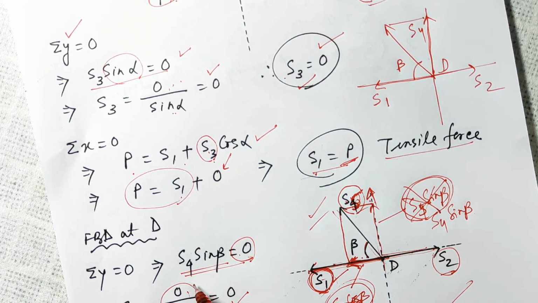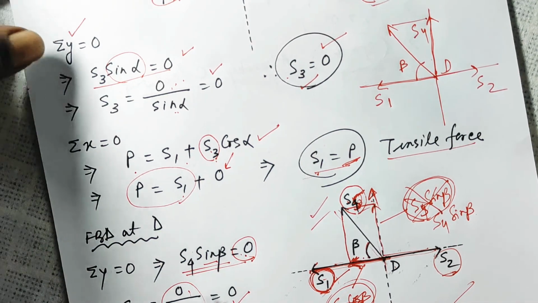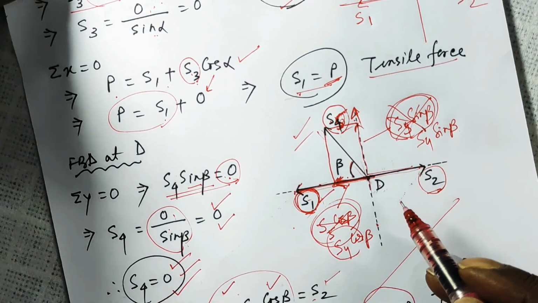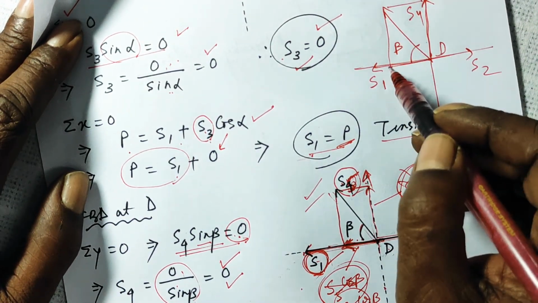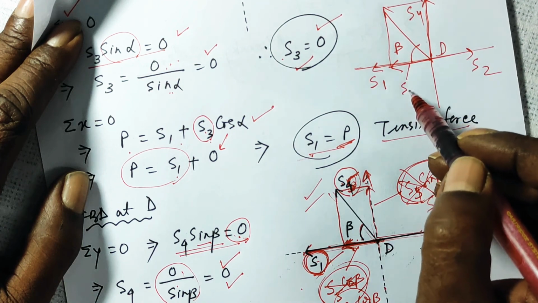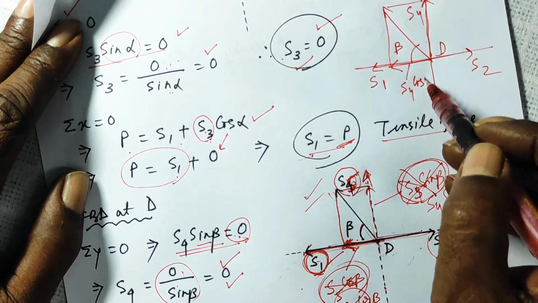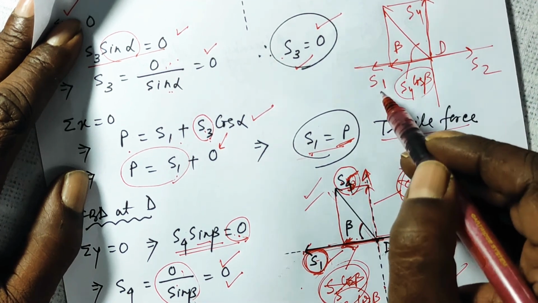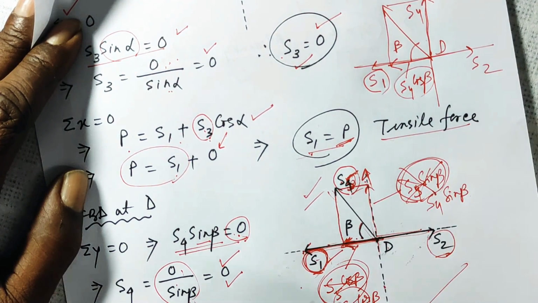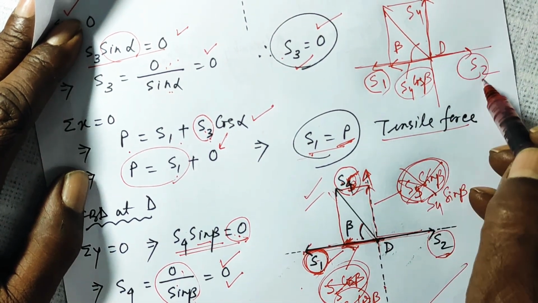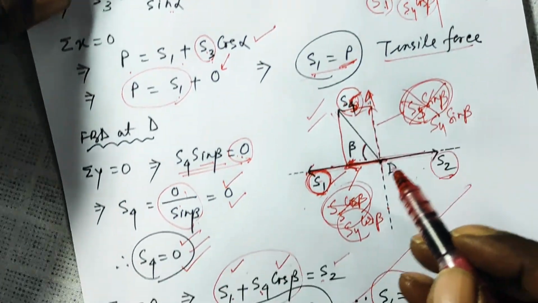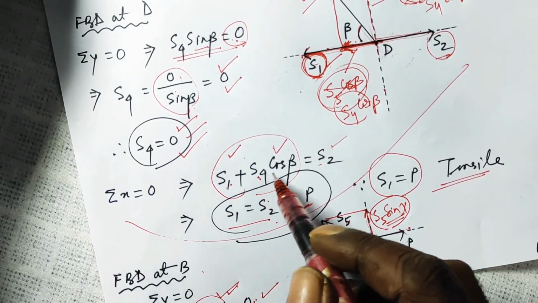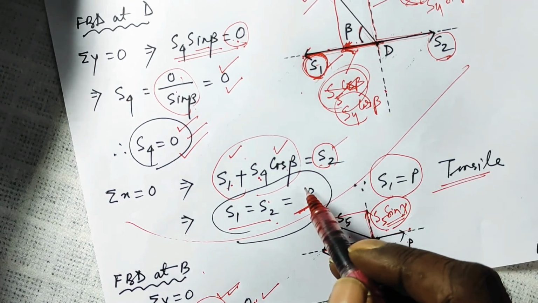So sine beta goes to this side and is divided, so S4 becomes 0, and sigma x, that is from here to here, is equal to your S4 cos beta. This one and S1 are both in the same direction, which is being opposed by S2, so S1 plus S4 cos beta is equal to S2.